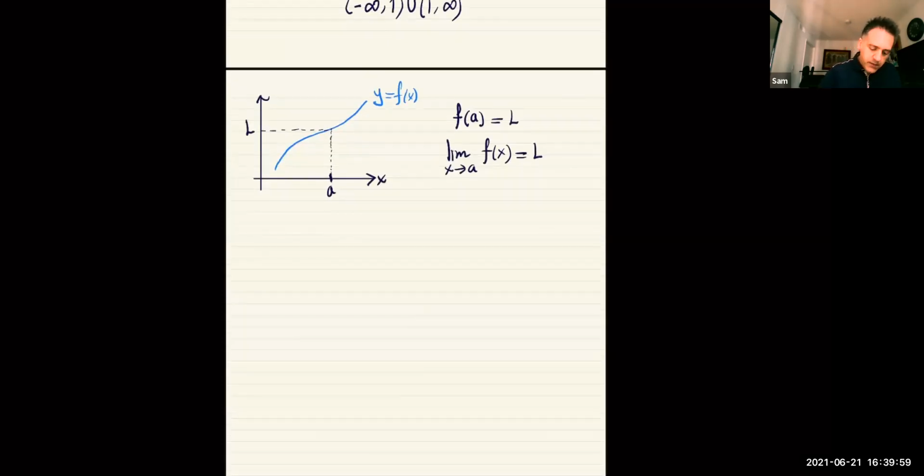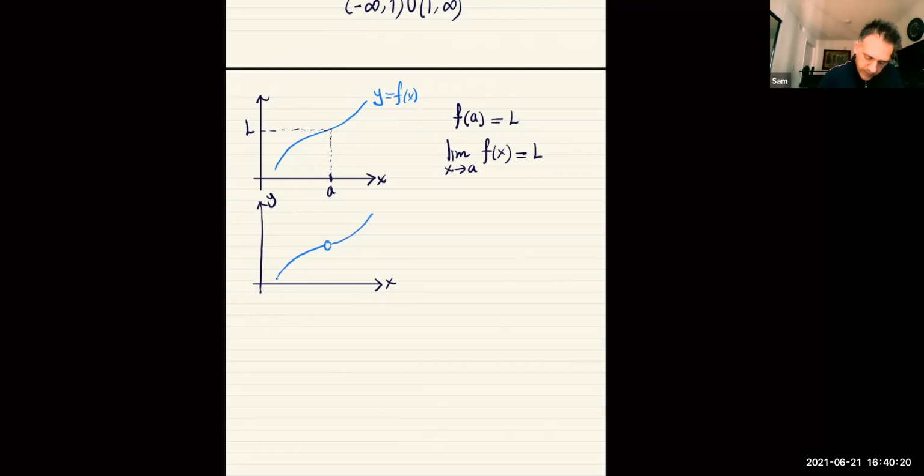And then we have the case where the function has a point of discontinuity like that.